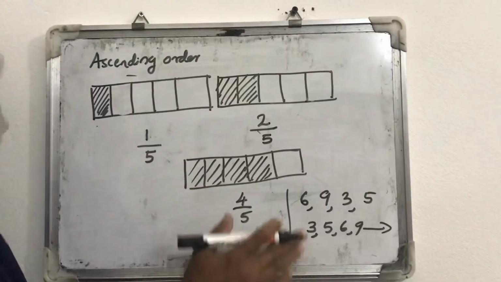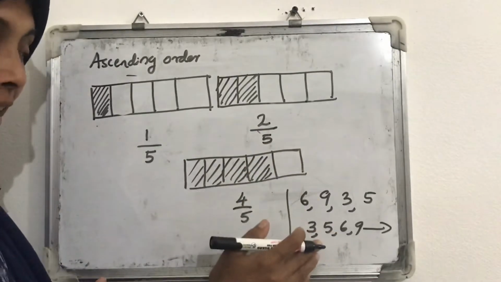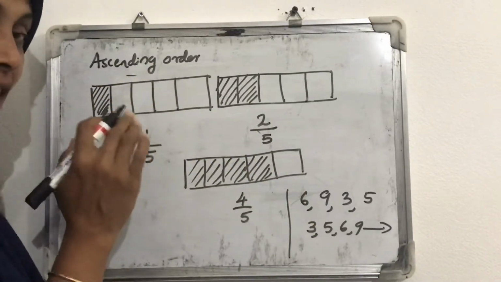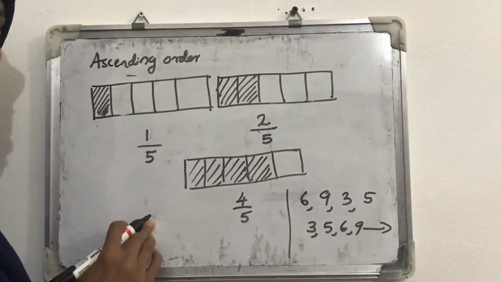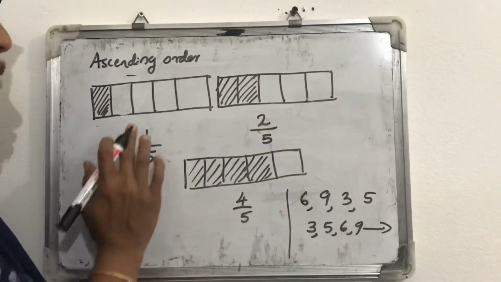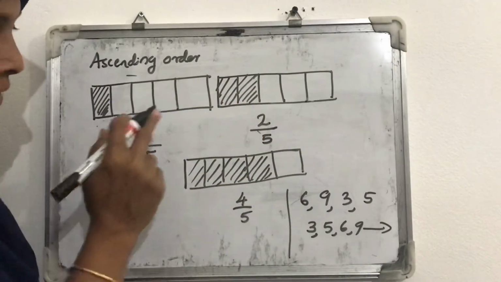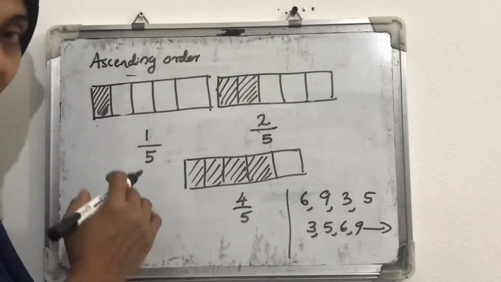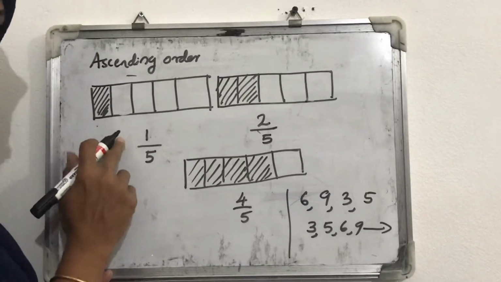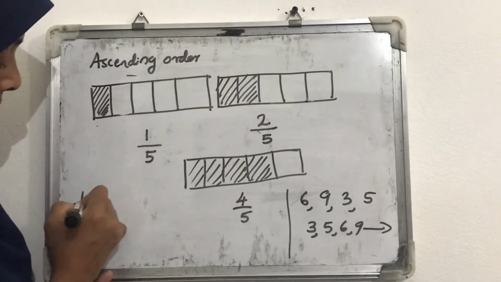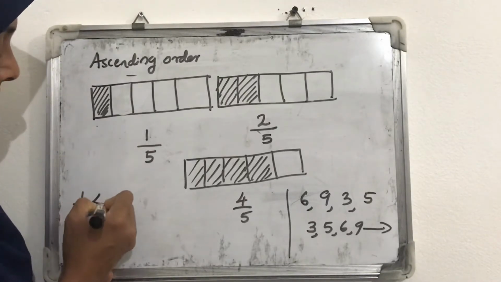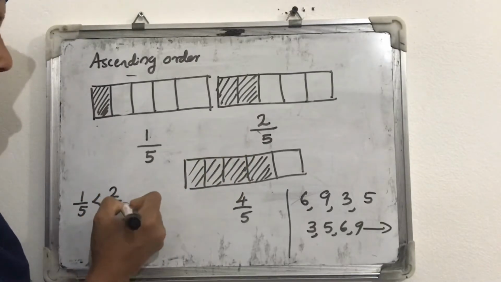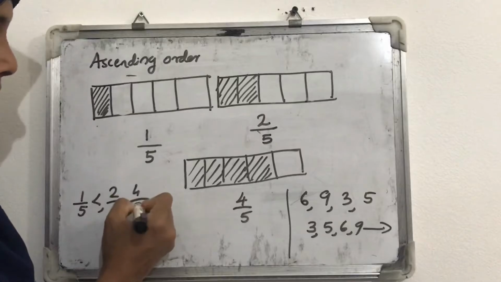Just like how we arrange numbers in ascending order, fractions also we can write in ascending order. In this case, which will be the smaller fraction: 1 by 5, 2 by 5 or 4 by 5? All of you know this will be smaller, 1 by 5. So we can write 1 by 5 less than. Next fraction 2 by 5 and 4 by 5.